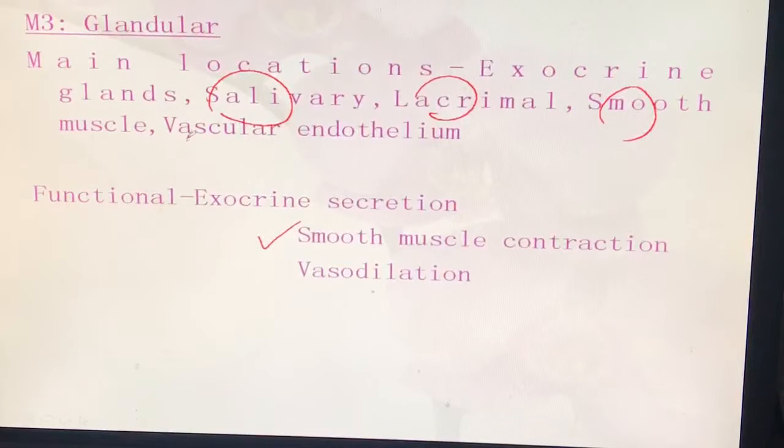This is a very important concept: how does the parasympathetic system cause vasodilation? The M3 receptor is present on the intima, on the endothelial cell, not on the whole vessel wall, not on the media. The sympathetic system can supply the media wall of the vessel, but the parasympathetic system just supplies acetylcholine, acting on the intima and producing nitric oxide.